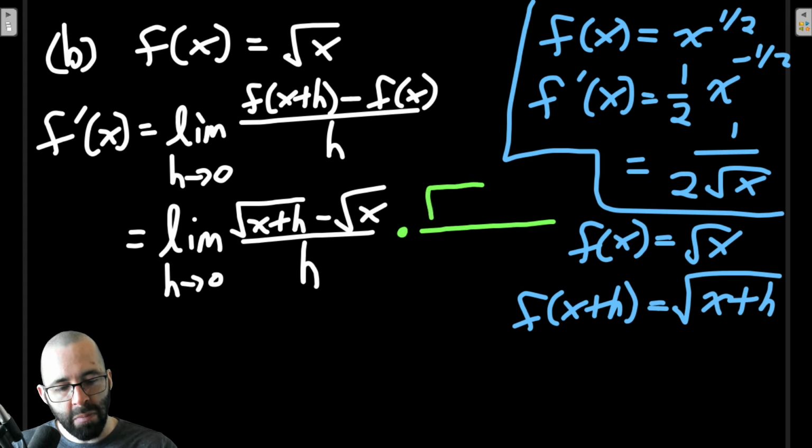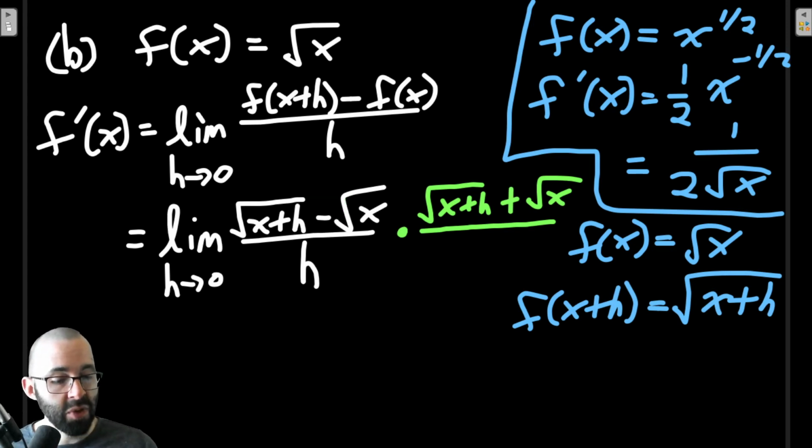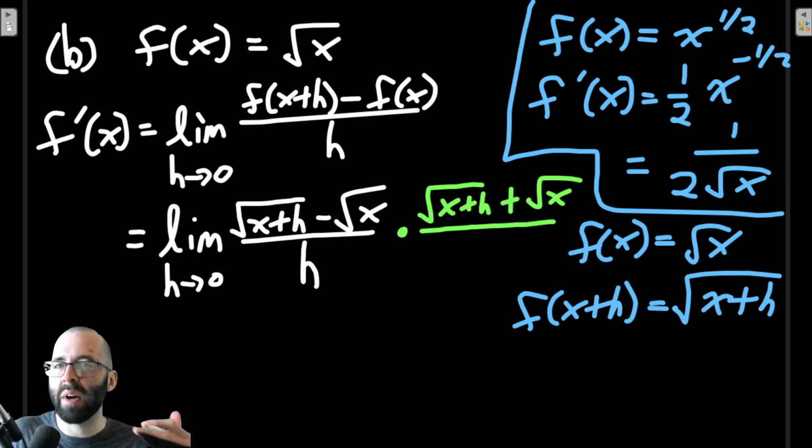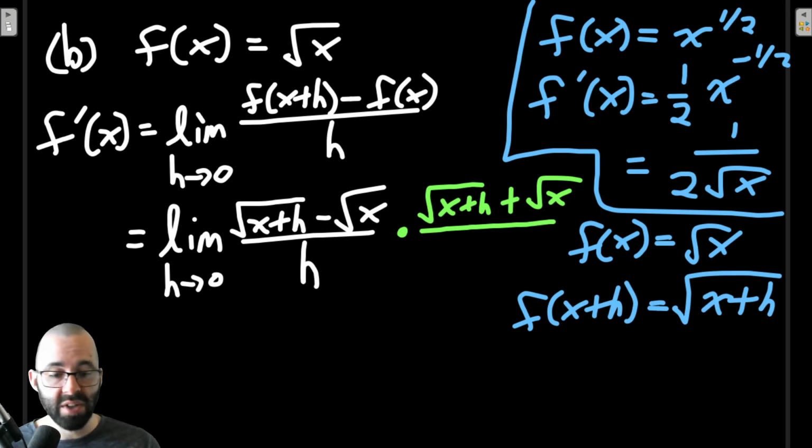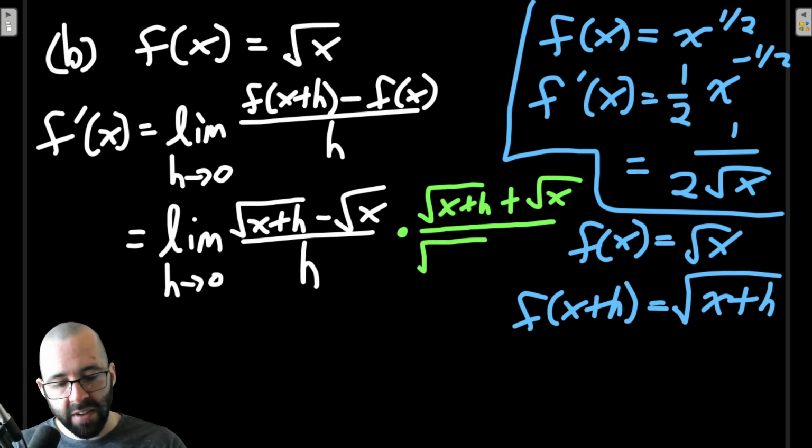If we multiply a binomial by almost the same thing, but just switch the sign, so instead of their difference, we're going to multiply by their sum, we get a difference of squares scenario that essentially is going to eliminate these square roots. So this is what we're going to do in all of these square root situations in this section, so watch out for it. But if we multiply it on the top, we have to also multiply it on the bottom.